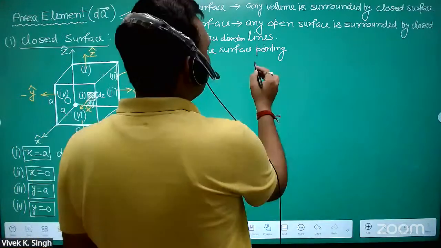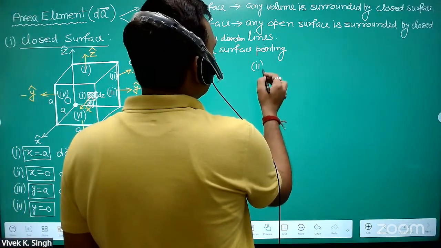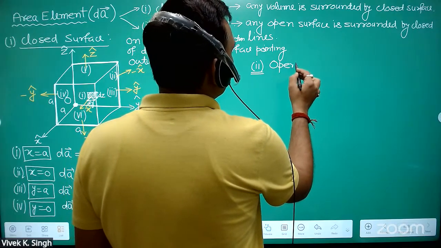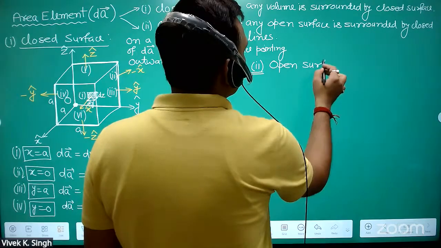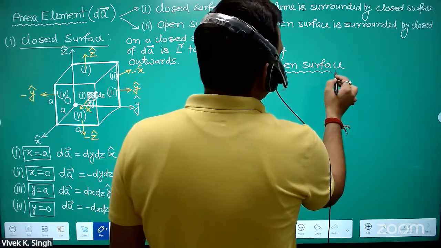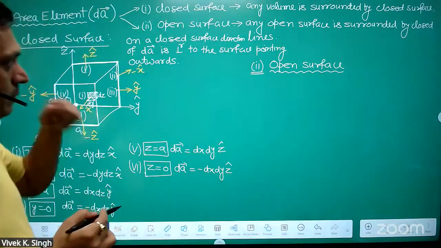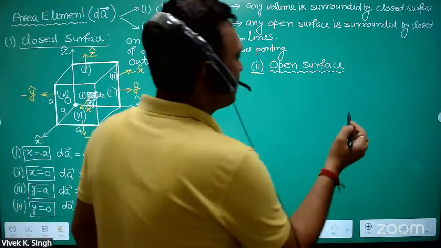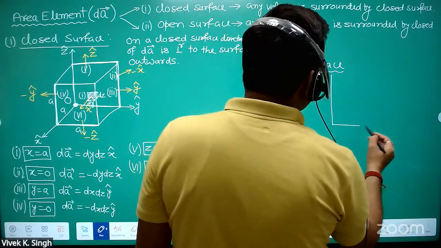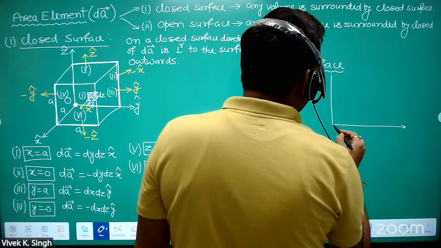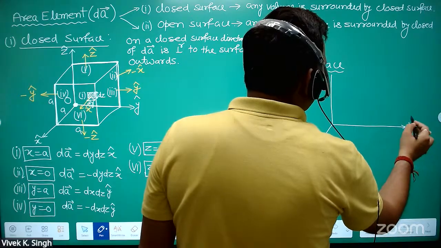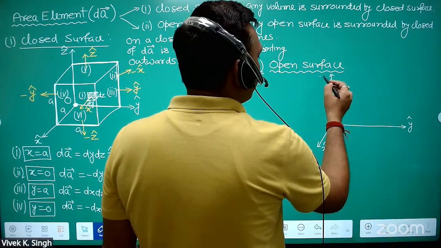Now the second one is the open surface. So how will you identify an open surface? As I have told you, any open surface is surrounded by a closed line. So let's see. This is x cap, this is y cap and this is z cap.